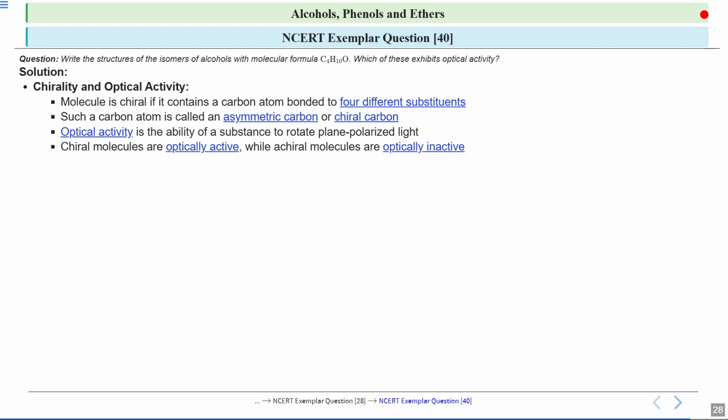That means it can rotate the plane polarized light. But achiral molecules are optically inactive. That means they cannot rotate the plane polarized light. So this distinction is important in understanding how molecules interact with light and other chiral substances.